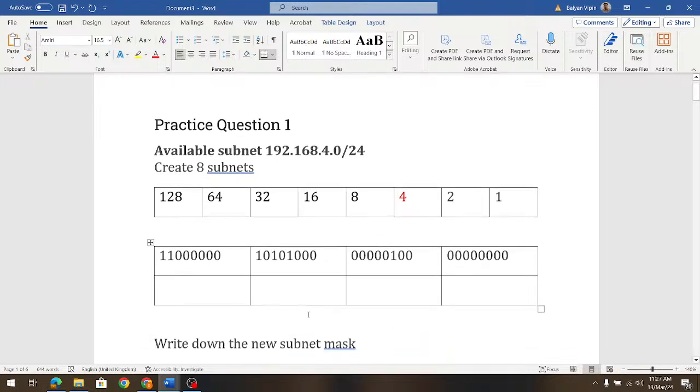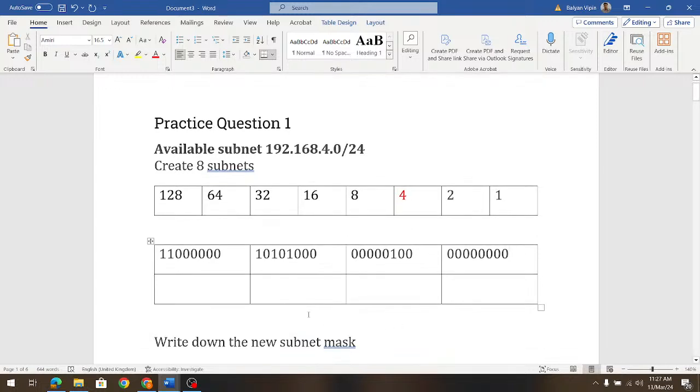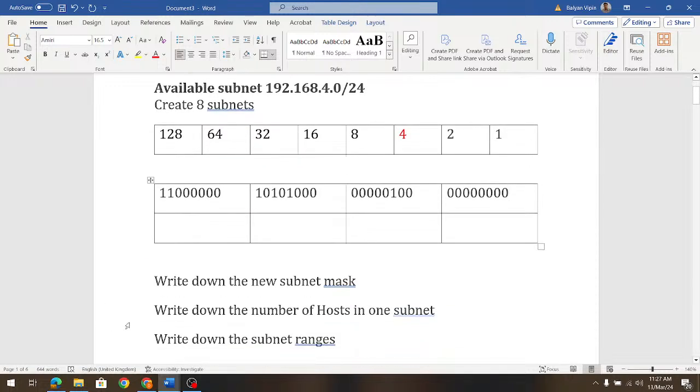Now the question says that you have to create some subnets. We are in the class C domain, and class C means that we have only the last octet to play with.